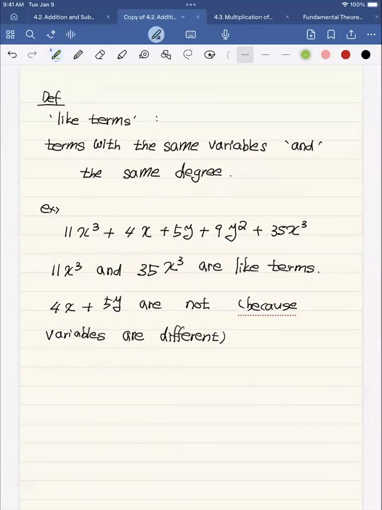Now we want to combine the polynomial by adding or subtracting. When we do that, we have to simplify with like terms. Like terms are terms with the same variable and the same degree. In this example, we have variables x and y.